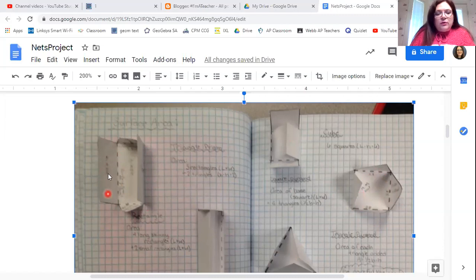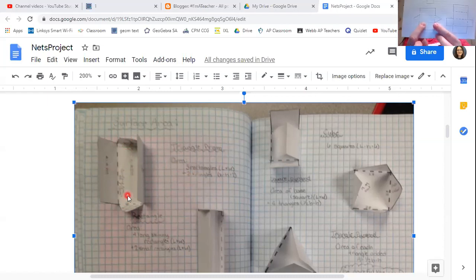For each individual part of the net, each individual object, shape, write the area of that part of the shape. And then, so when you glue these down, leave room, because next to it then you're gonna write the name of what that is and what its area is. So this one has 3 rectangles and 2 triangles.